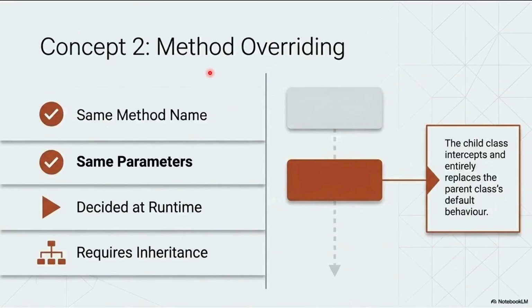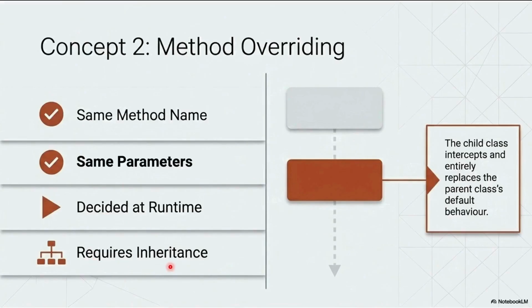Now let's look at the overriding rules. In method overriding, the common rule is that the method name will be the same. Even in overloading it is the same thing. The method name will be the same, but in method overloading we had a different set of parameters, whereas in overriding we will have exactly the same parameters. And in method overriding, which method to call is decided at runtime.